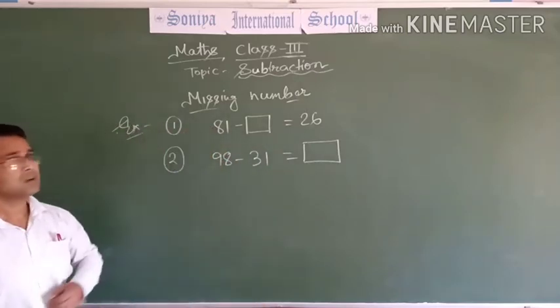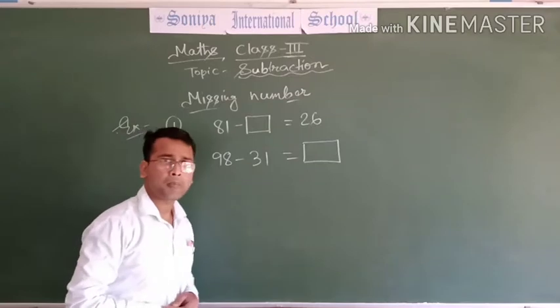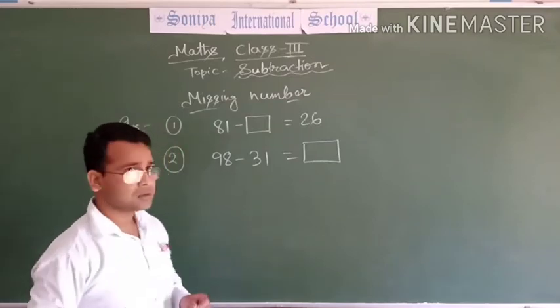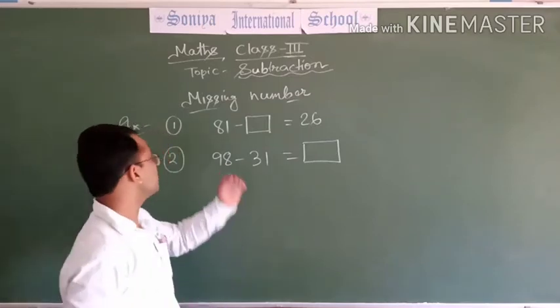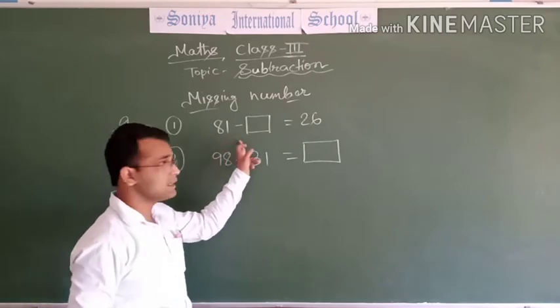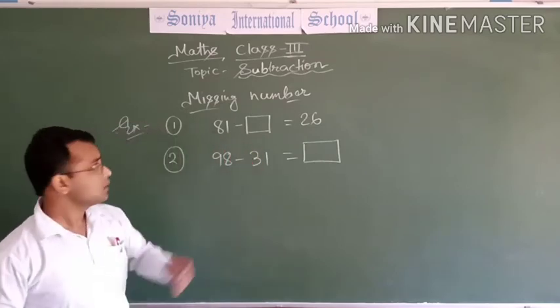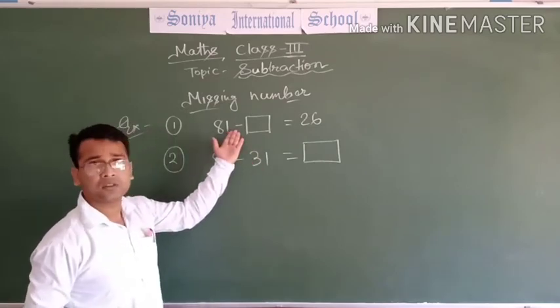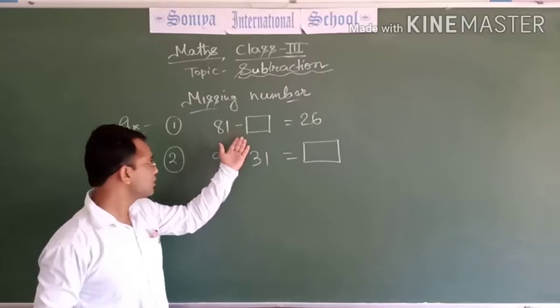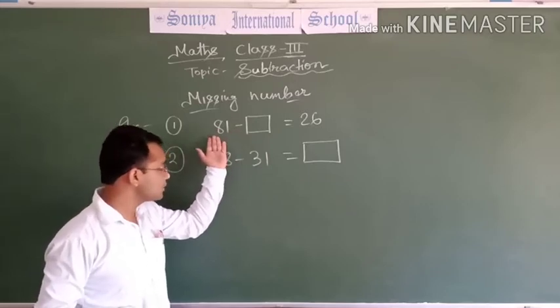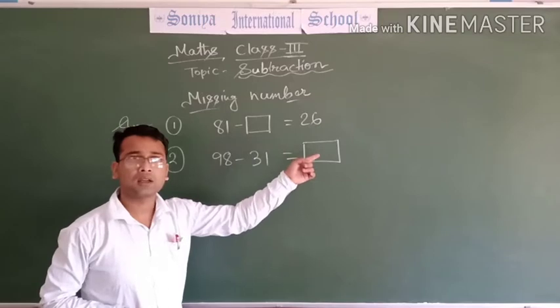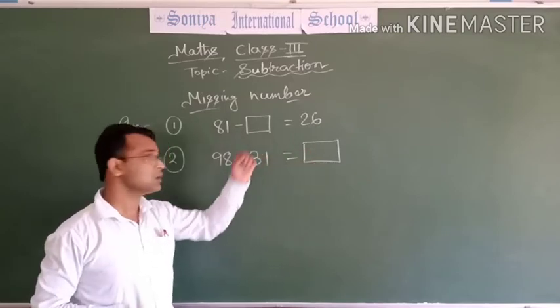Now how will we solve this problem? You will determine whether it is addition or subtraction. The sign is subtraction, so subtract from this to that, get the answer and put it in.